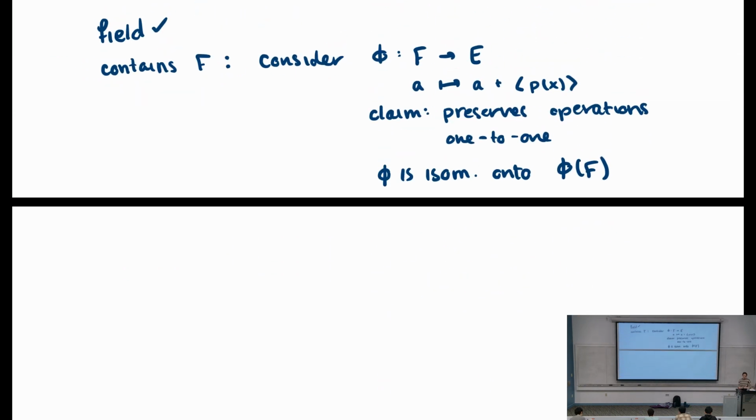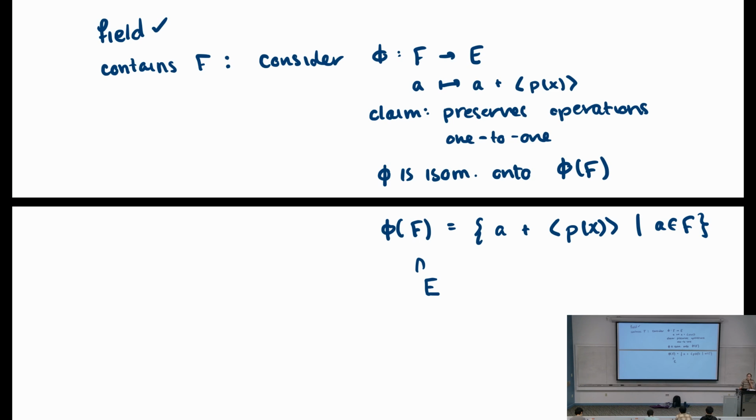And so what is in phi(F)? This is going to be everything of the form a plus the ideal generated by p(x) for a in F. So we can view this as being the field F sitting inside of E. Does that make sense? Yeah.